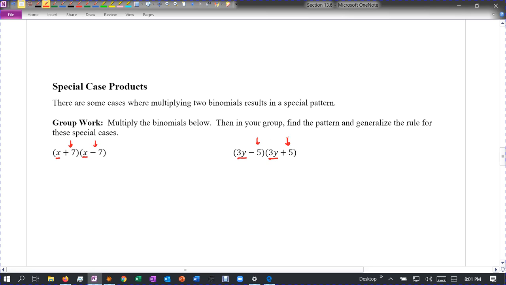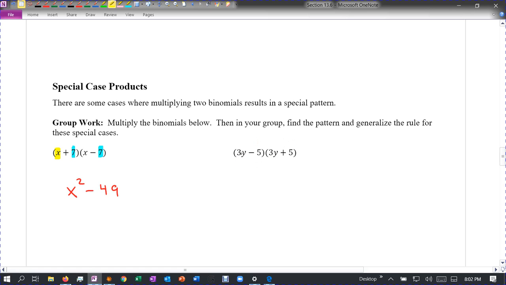This is a very special type of product, and whenever you do this product, what you're always going to get is this thing squared. So you're going to get x squared, and then whatever number you see here, forget the sign, just multiply those two together and put a minus symbol between them. Minus and then 49.